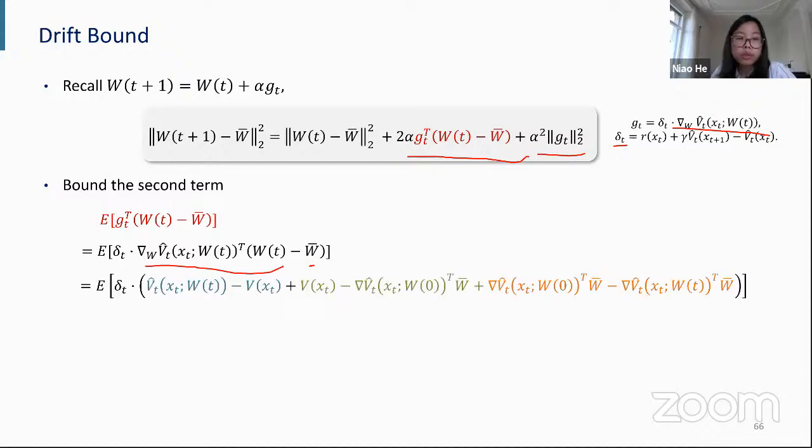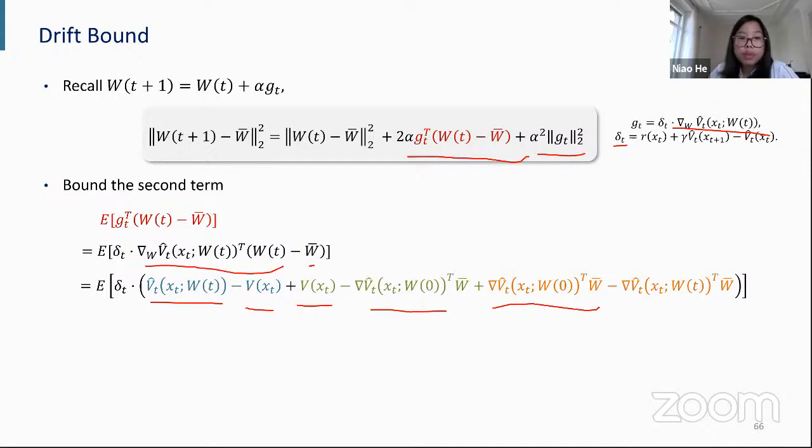So basically let's plug in those two terms. This first term is coming from this first term, and we're going to add and subtract the true value function. We're going to add and subtract this gradient, replacing Wt by w0. And then this is the second term here in the previous step.